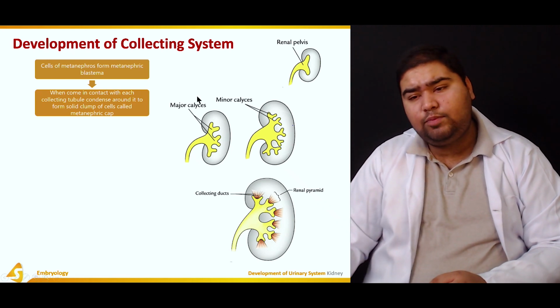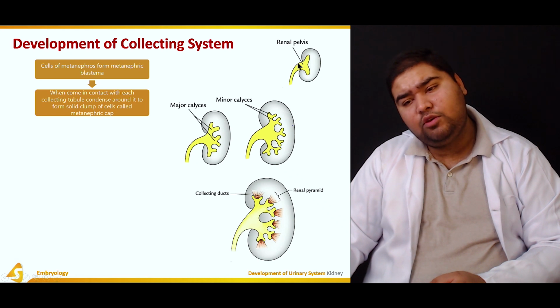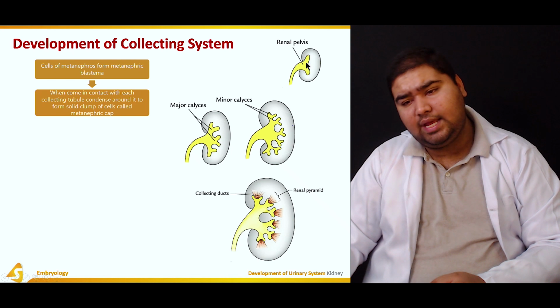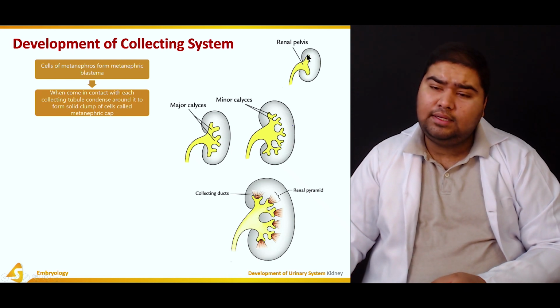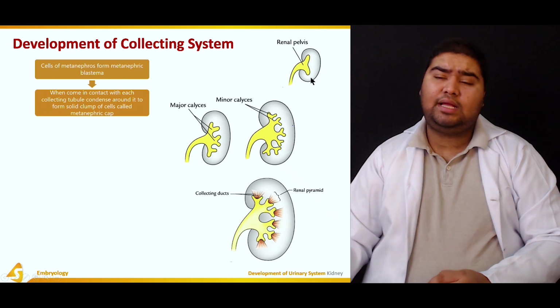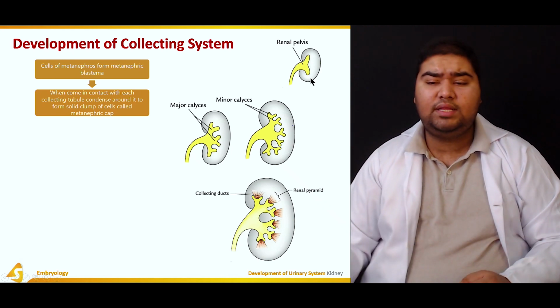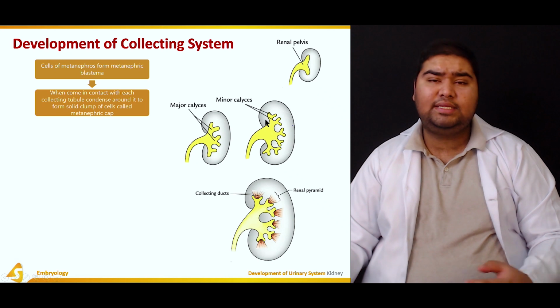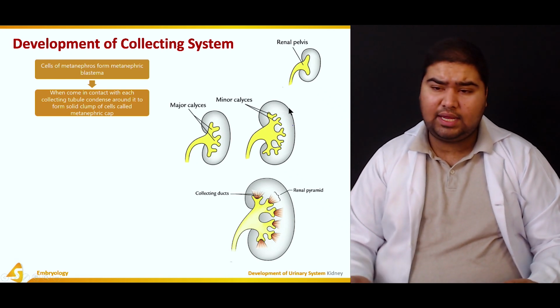So this portion is the developing ureter, this is the renal pelvis. These are the major calyces. So this is the metanephric blastema, which is exerting its effects on this developing system to form the adult collecting system of the kidney.